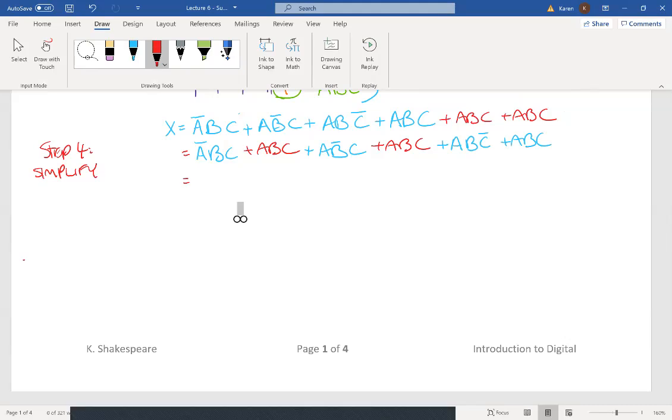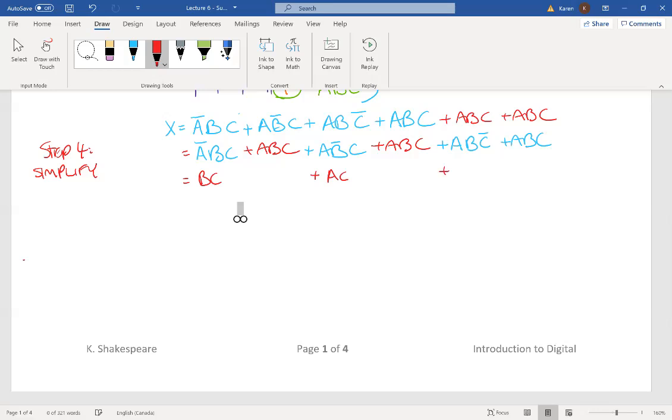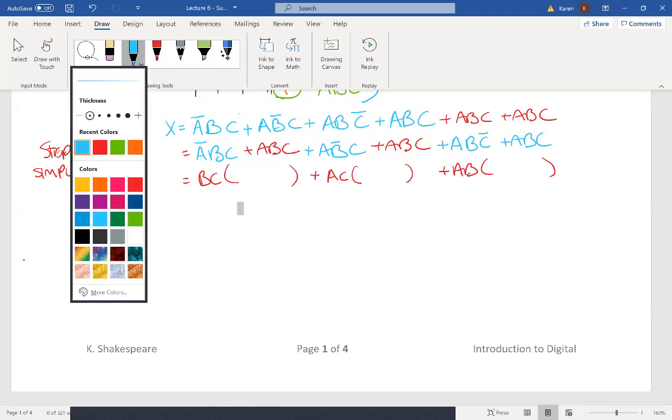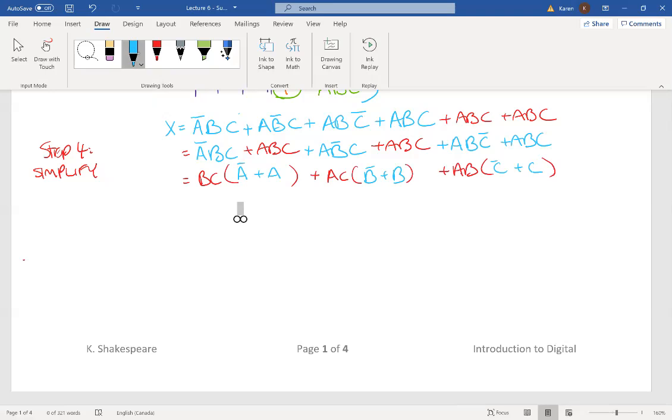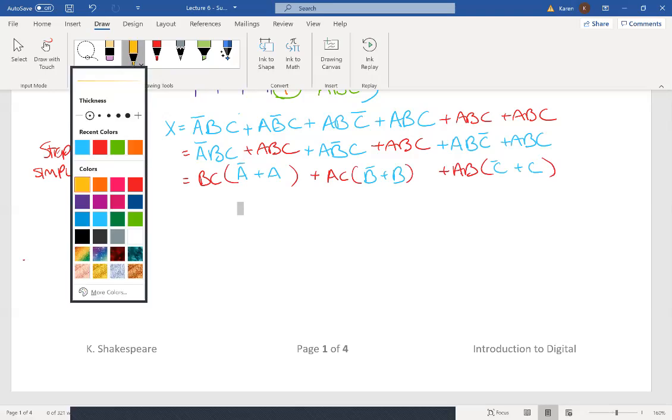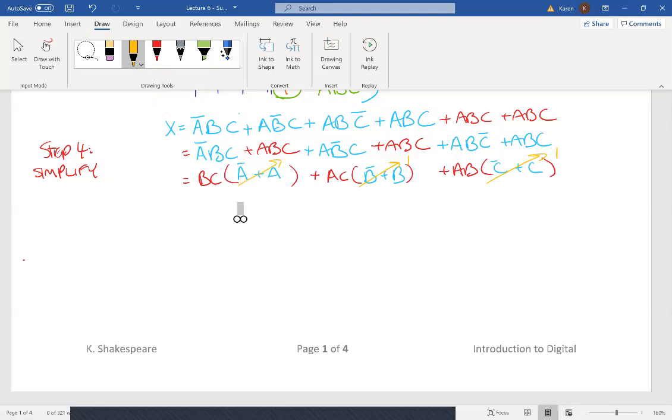And what that lets us do is recognize that we can take out factors BC plus from here factors AC plus from here factors, let's see, AB. And conveniently that leaves me with these expressions, A prime plus A, B prime plus B, and C prime or C. And those we know in our theorem turn to 1.